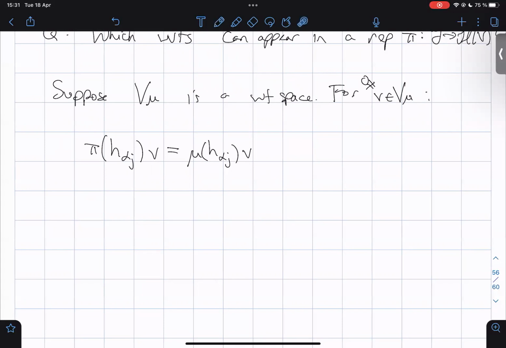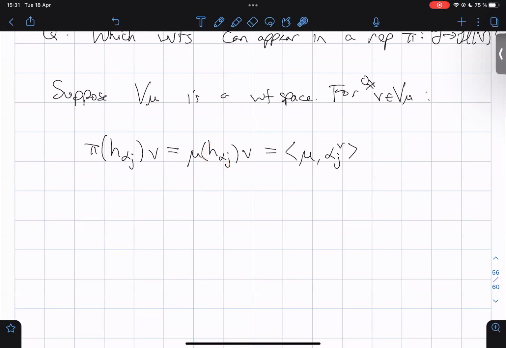I have a dual element evaluated on a certain vector. This is actually the same thing as pairing mu with the corresponding element here, the element corresponding to this one.